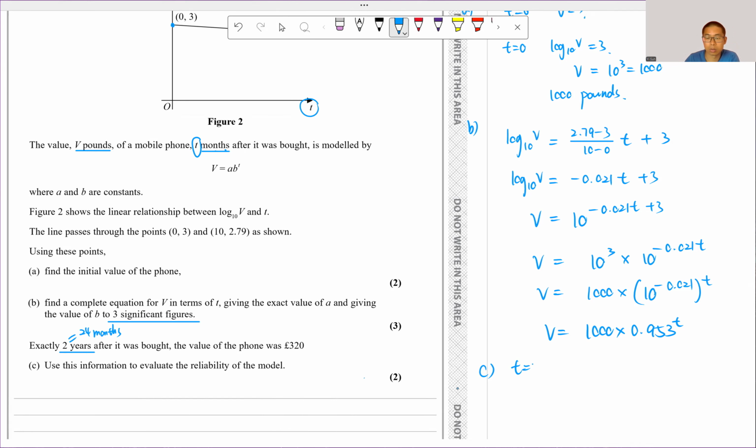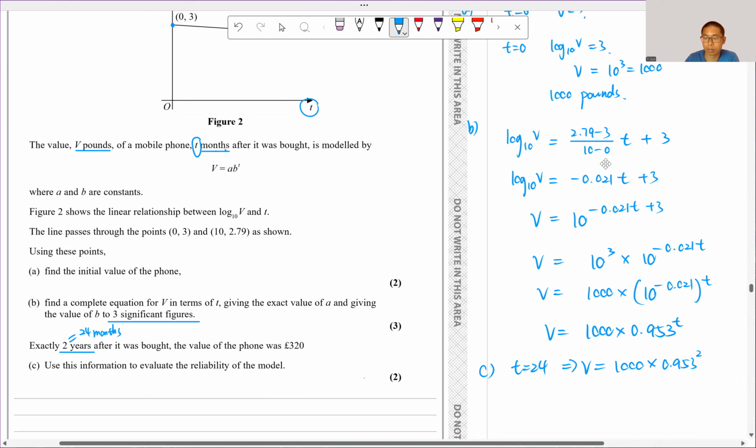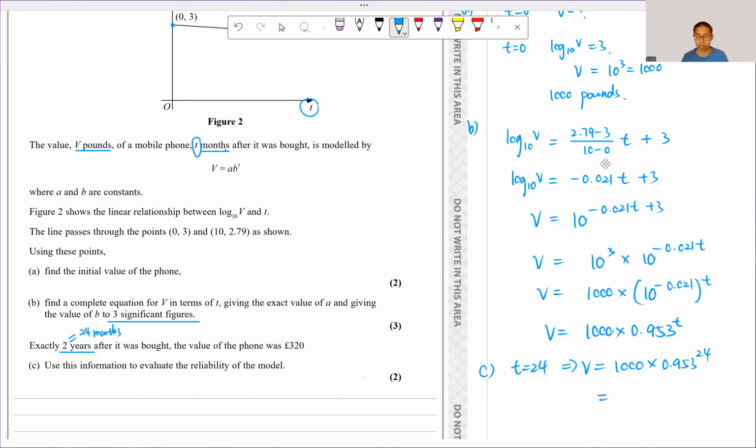So when T is equal to 24, V is equal to 1,000 times 0.953 to the power 24. If we put that in the calculator, 1,000 times 0.953 to the power 24, we have 314.941, which is approximately 315.